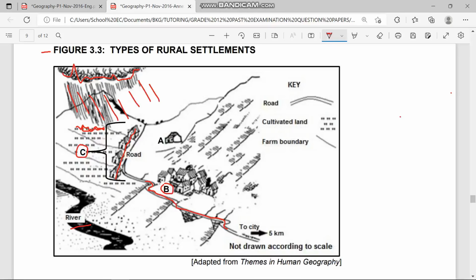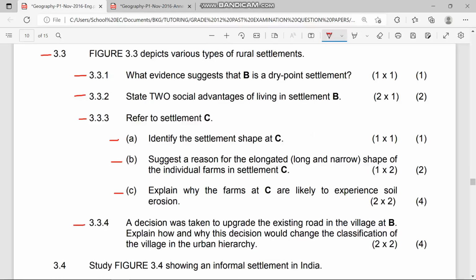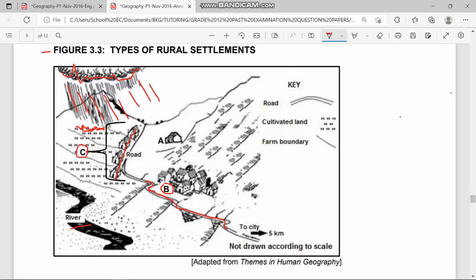So that will greatly affect the urban hierarchy. So how and why? It will change from a village to a town.